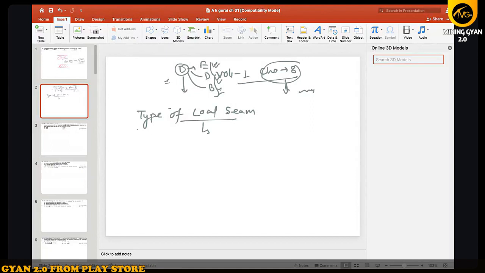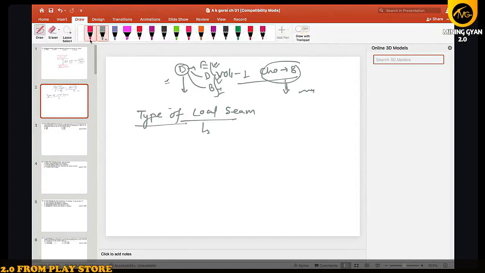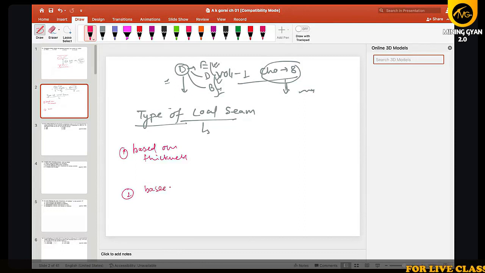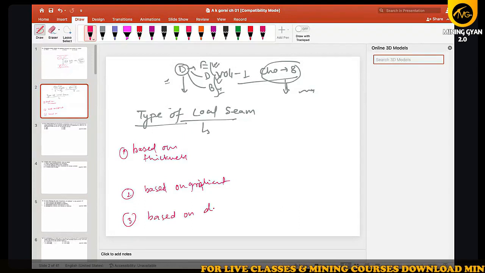We will study the types of coal seam in 3 ways. First, based on thickness, second, based on gradient, third, based on degree.